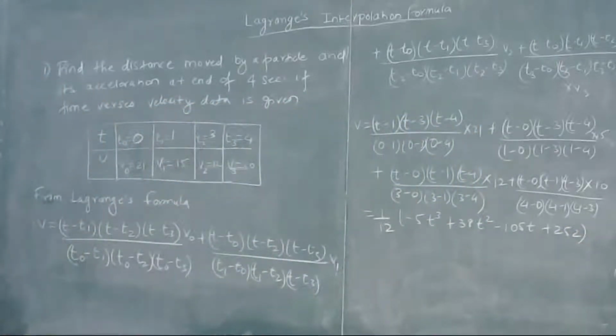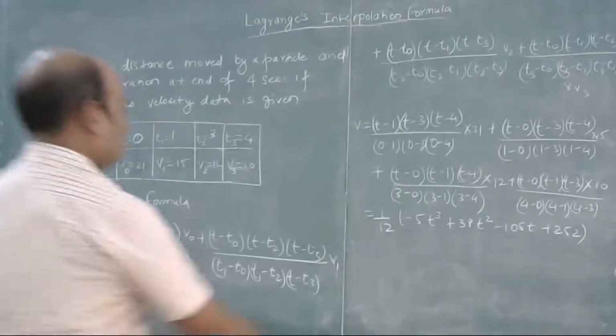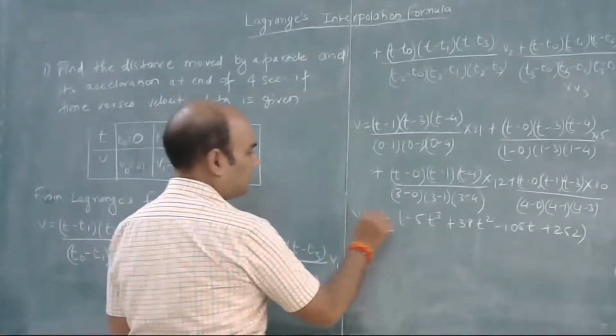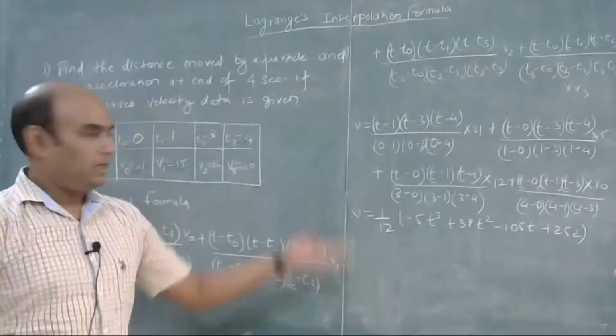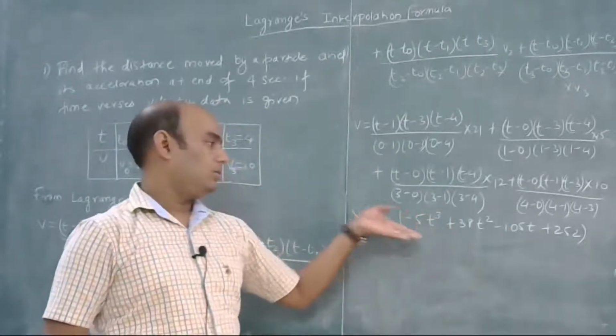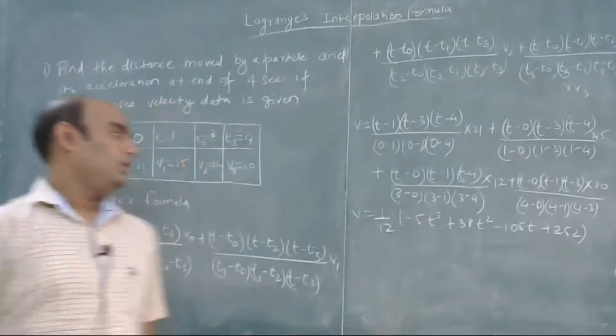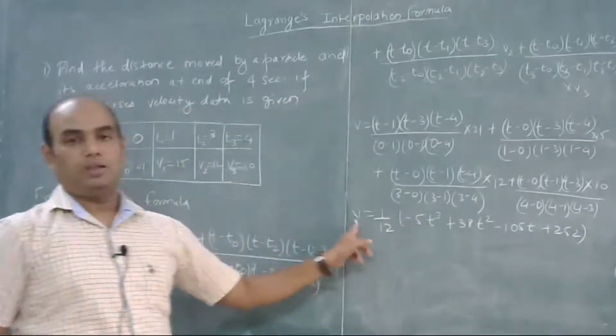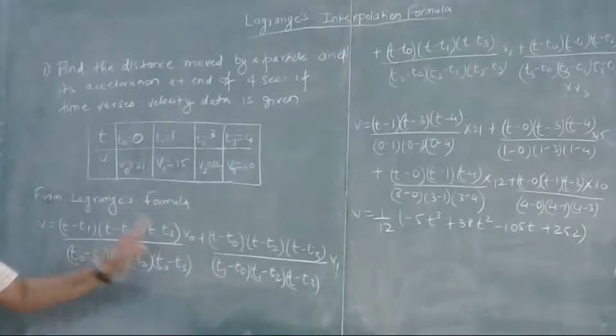Okay, so this is the value of v we are getting. So this is the value of velocity in terms of time. Okay, so we have derived this value of v in terms of t by using this Lagrange formula.